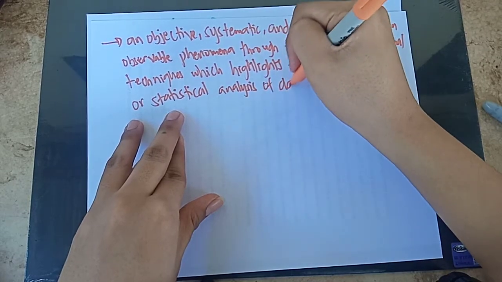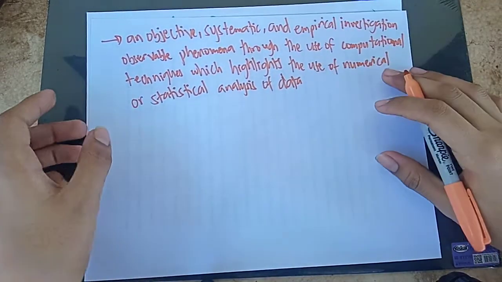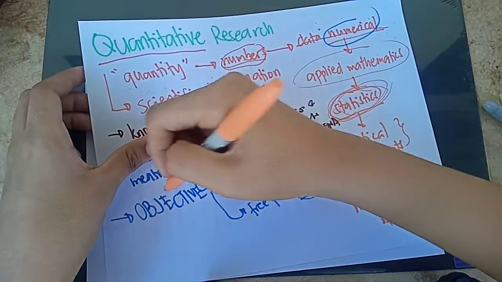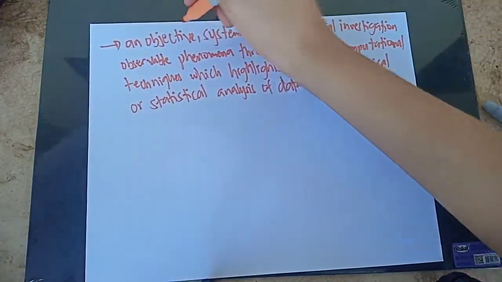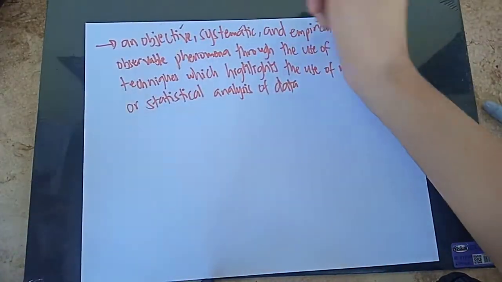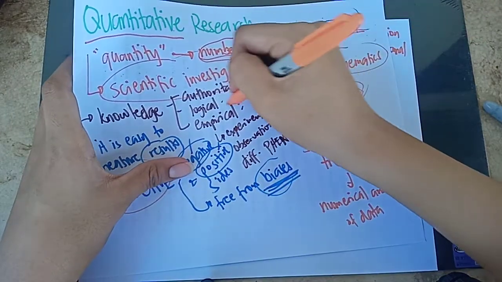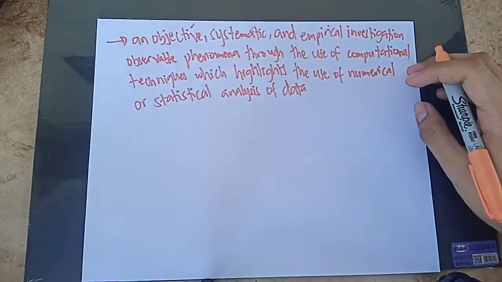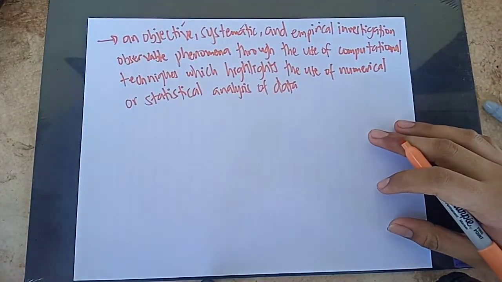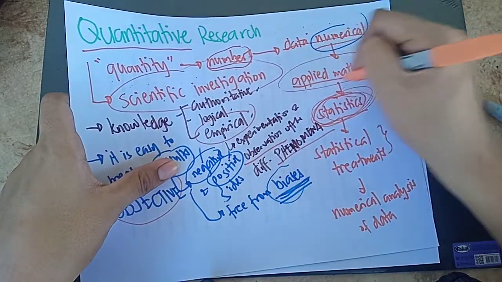Let us look at it once more. Quantitative research is an objective, systematic, and empirical investigation of observable phenomena through the use of computational techniques.